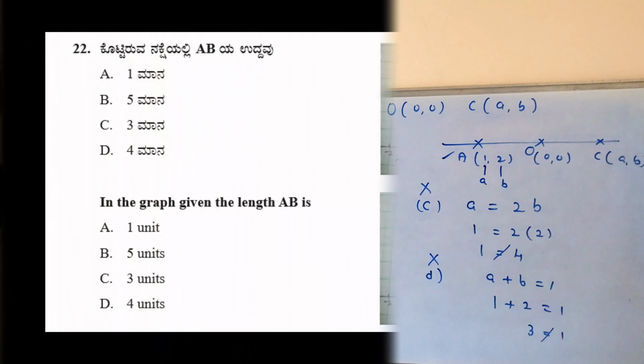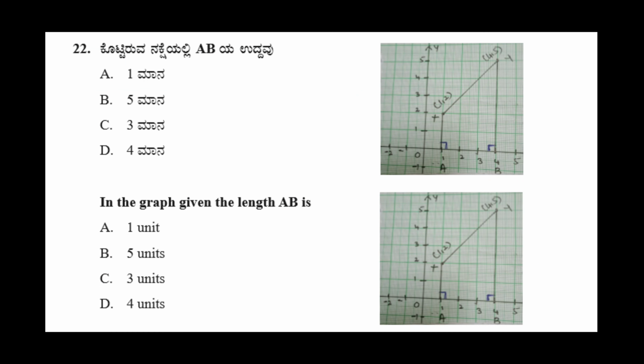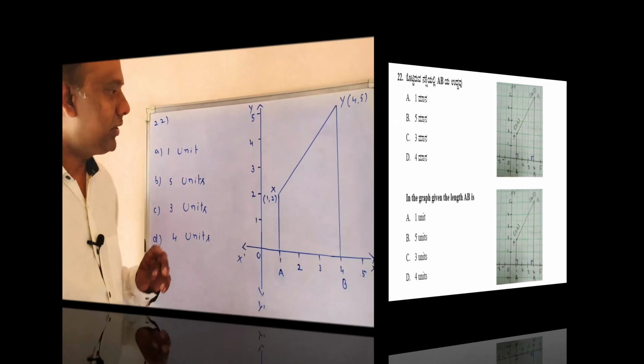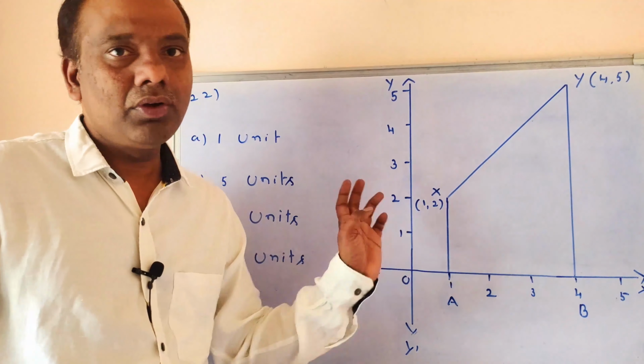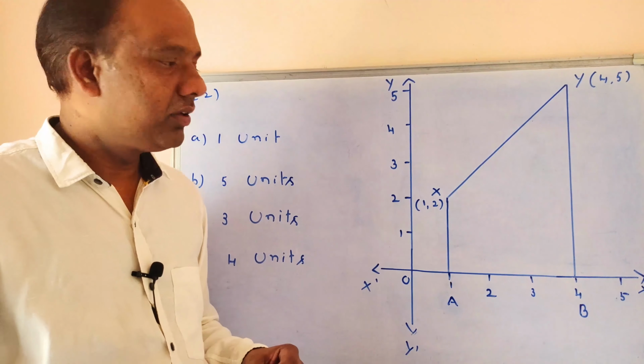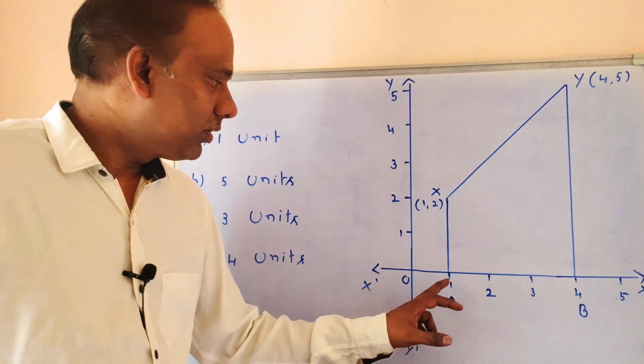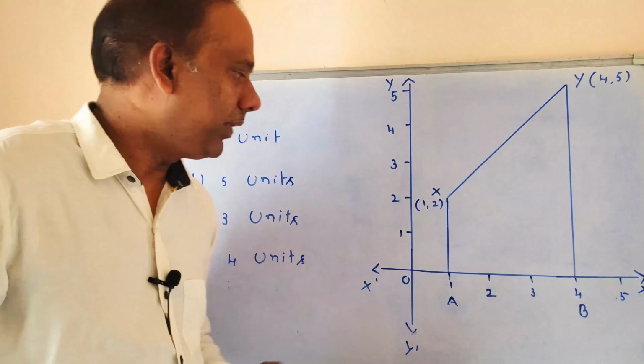Question number 22. In the graph given, the length of AB is option A: 1 unit, option B: 5 units, option C: 3 units, and option D: 4 units. The question asks what is the length of AB in this diagram.